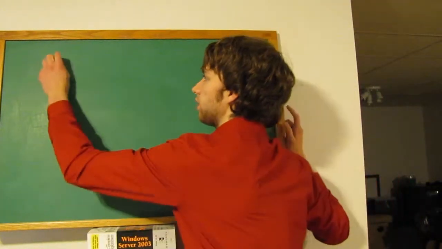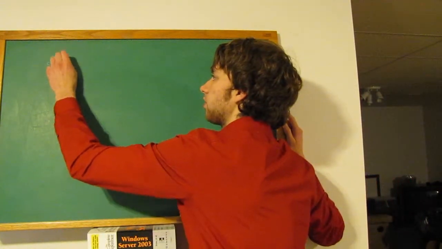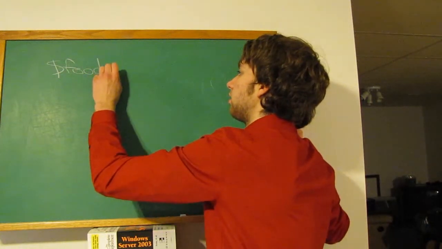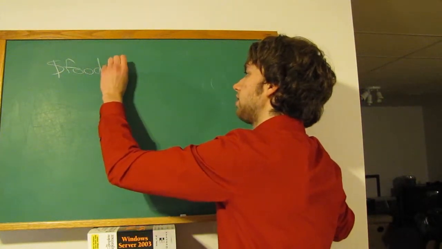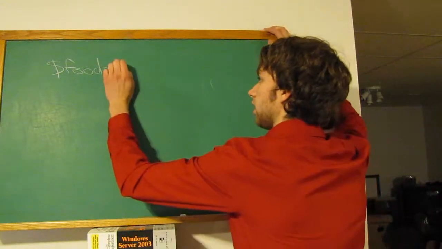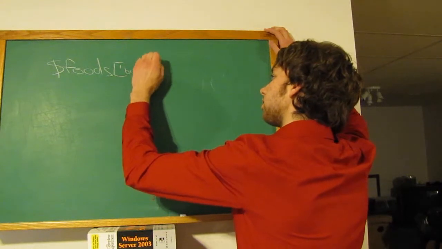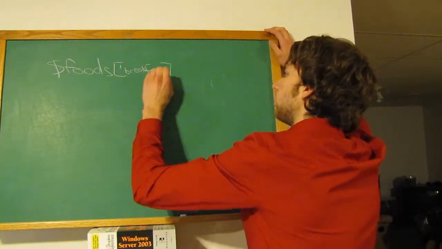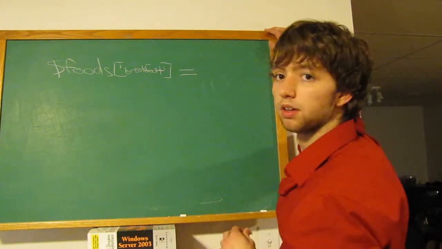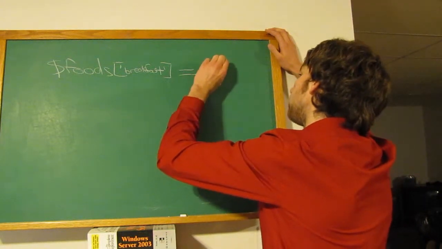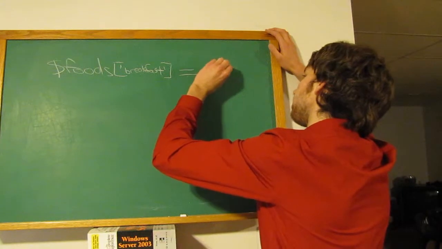Just like the first method we did, we could say foods square bracket, and then within this you can make a string, such as saying breakfast, and then this is assigned the value cereal.